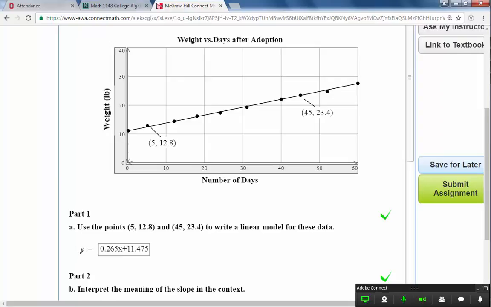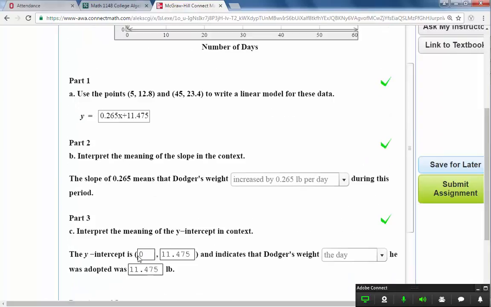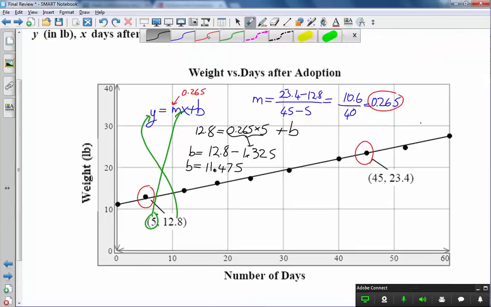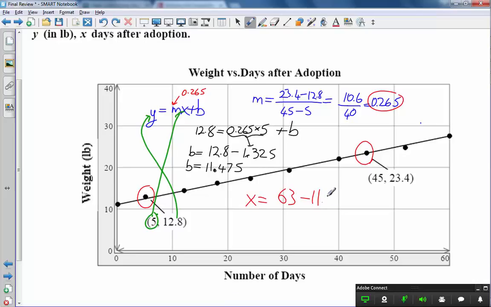That's it. Does anyone have a number? Just put 63, subtract 11.475 from it, divide by 0.265. So that's your X. 63, take 11.475, divide by 0.265, which is 200 plus days.